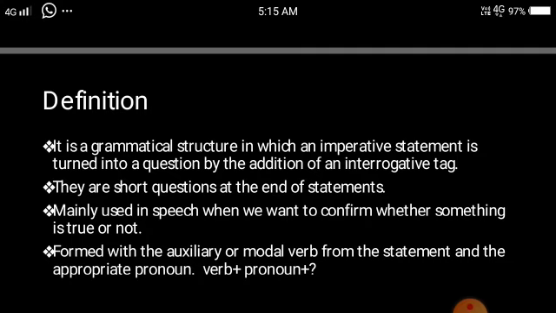So, a short question at the end of the statement is a question tag. They are short questions at the end of statements. Once again, let us look at it. We have plenty of time. This is a statement. At the end of it, you have the question tag. Haven't we?